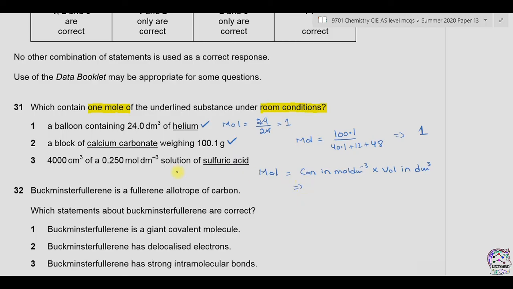Putting the values given in the question, we have 0.250 concentration into 4000 divided by 1000, as we have converted centimeter cube to decimeter cube. So the answer is 1. So therefore option 3 is also correct. So the answer is A.